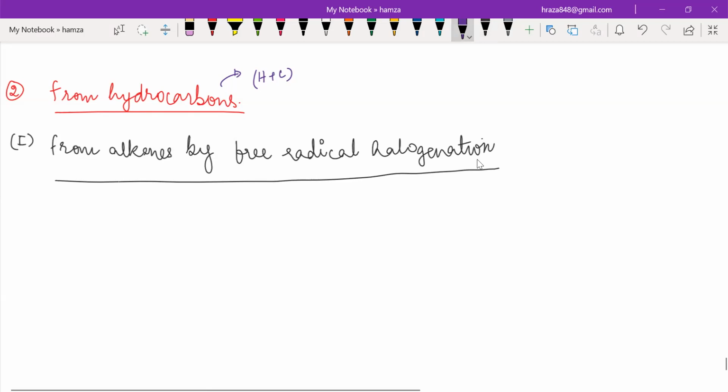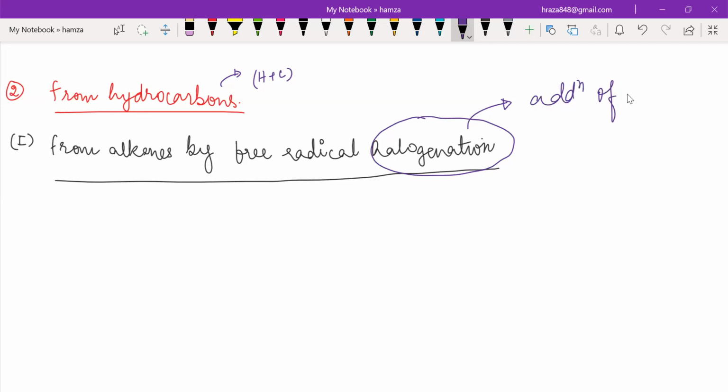You have already learned about this reaction in class 10. You know about substitution reaction, anyone? What does halogenation mean? Whenever a term like this comes, that means addition of halogens.